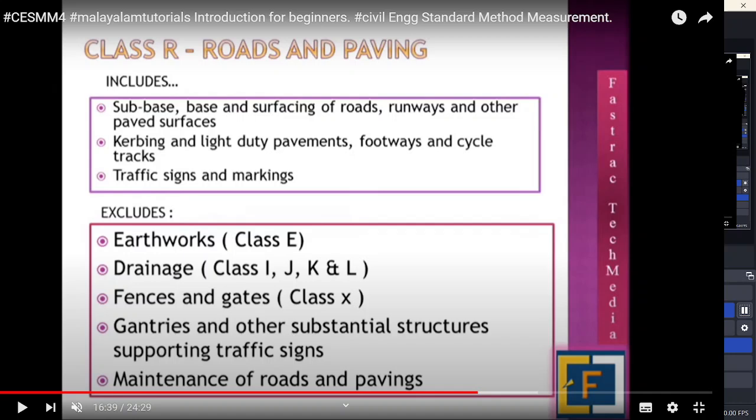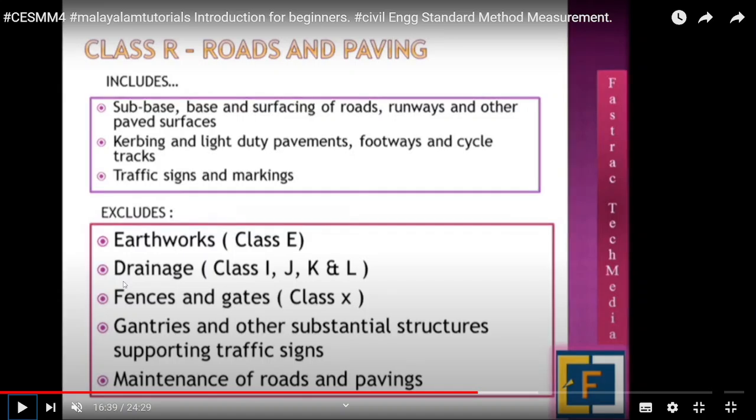Earthworks is not included. So you may get a little confused because why it is not included here. So the answer for that we are discussing in our workshop.